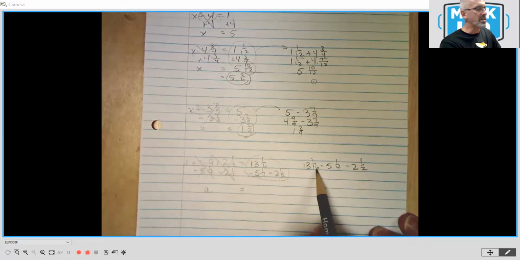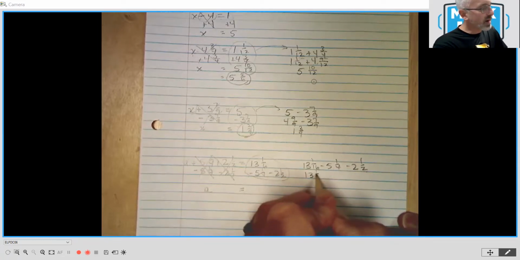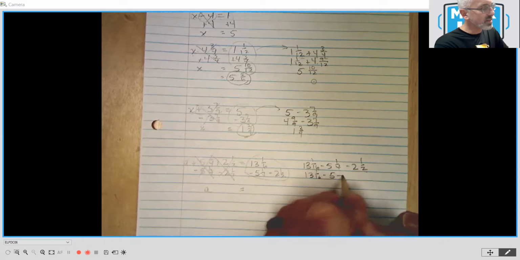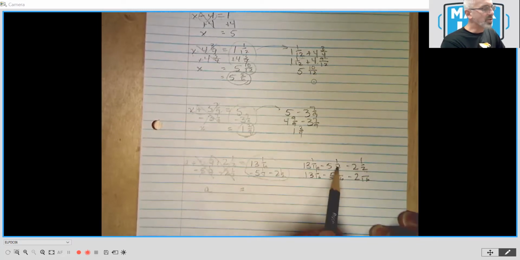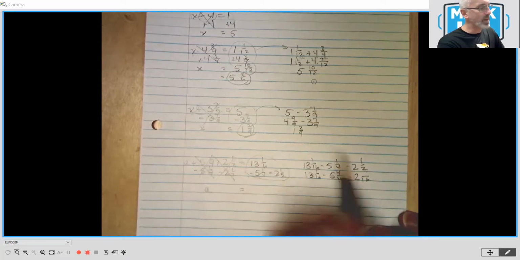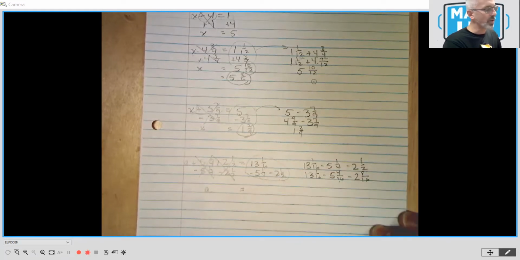And when we look at 6, 4, and 2, our least common denominator is 12. So we are going to rewrite everything in 12ths. Okay, so to get from 4 to 12, we multiply by 3. We do the same for the numerator. To get from 2 to 12, we multiply by 6. We do the same thing in the numerator.